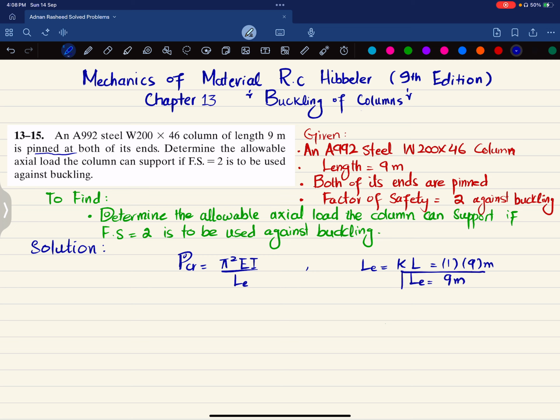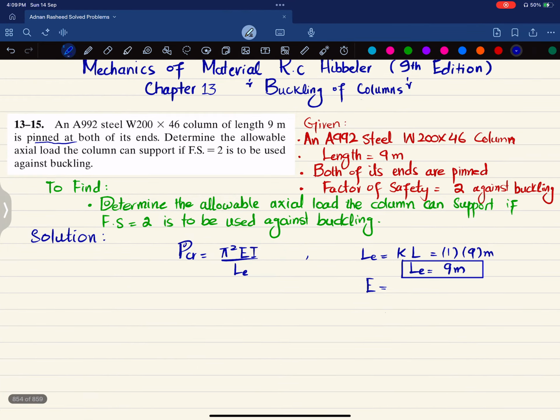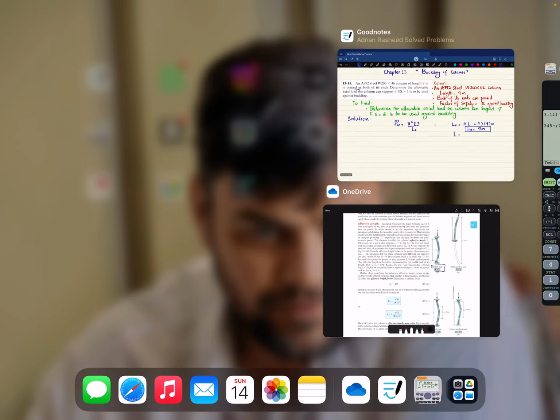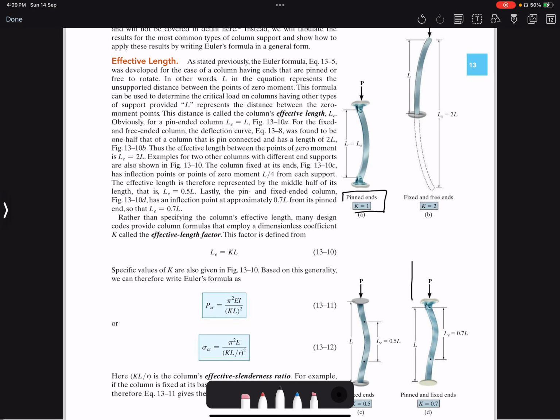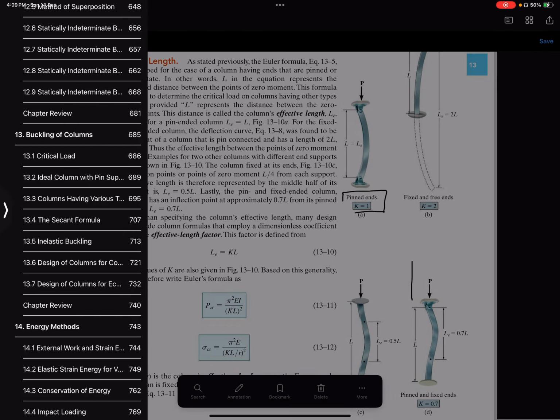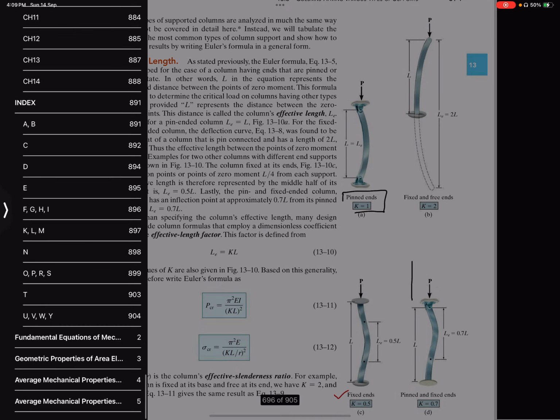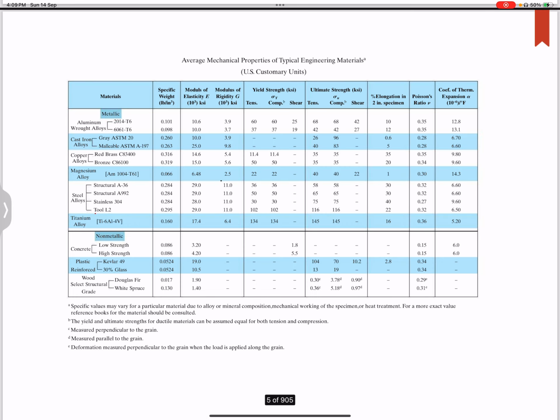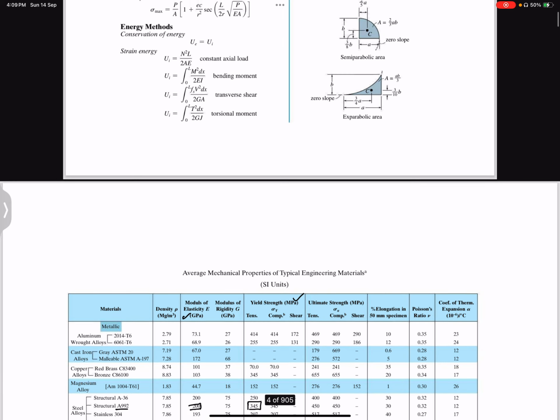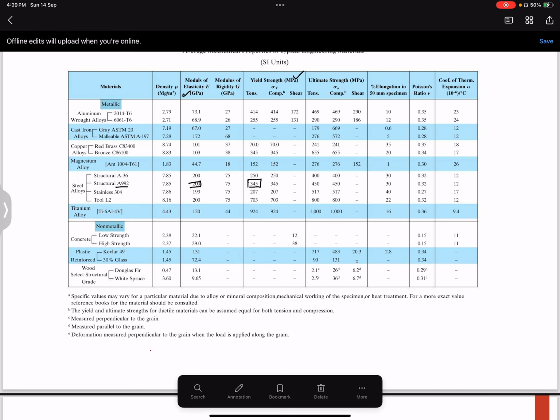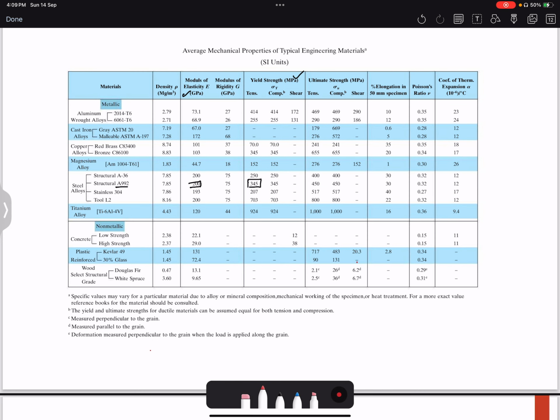Now what is the value of E? You can see it is A992 steel, so again you have to go to the book at the end. Let me show you at the end, in the average mechanical property table using SI units. We will locate A992 steel, and again you can see it is already highlighted.